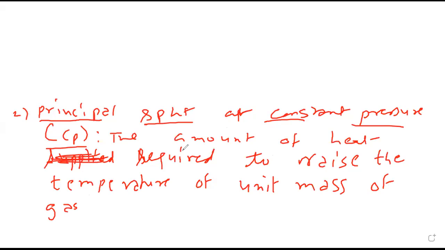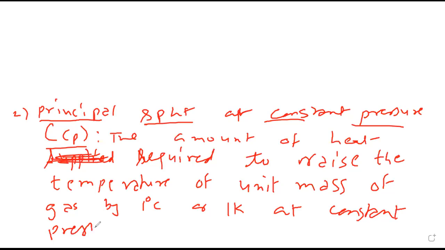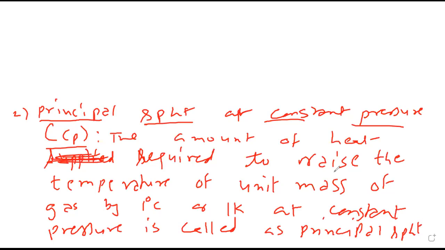So we are writing amount of heat required to raise the temperature of unit mass of gas by 1 degree Celsius or 1 Kelvin at constant pressure is called as principal specific heat at constant pressure. Right.